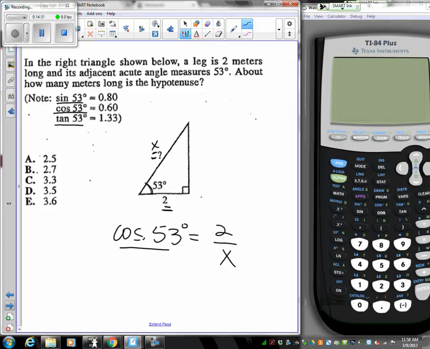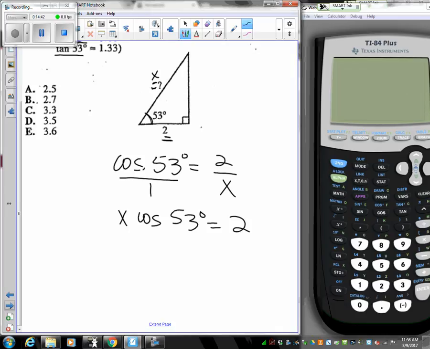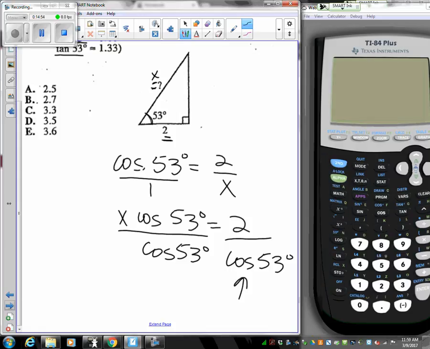Okay, now we're going to do just like we did on the other ones. We're going to cross multiply, but this one's going to work out differently this time. We get x times the cosine of 53 degrees equals 2. To solve for x, I would divide by the cosine of 53. On a lot of test questions, the answer would just be 2 divided by the cosine of 53.